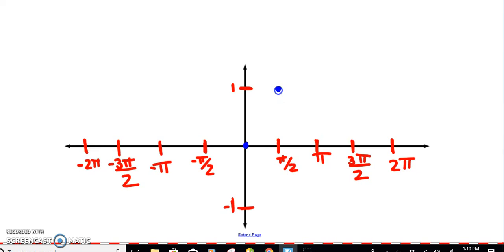At pi over 2, it's at 1. At pi, it's at 0. At 3 pi over 2, it's at negative 1. Then back at 0, and it continues on. Down at negative 1, here at 0 at negative pi, up 1 at negative 3 pi over 2, and then back at 0 for negative 2 pi.